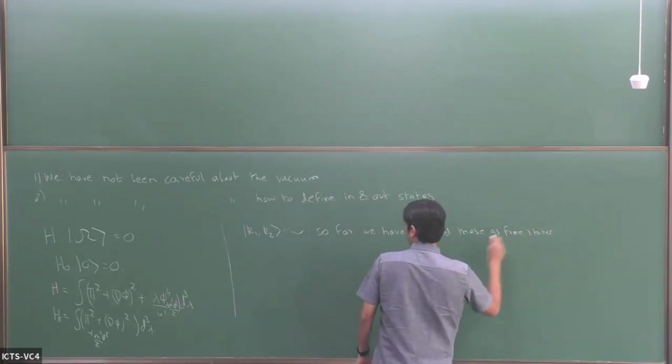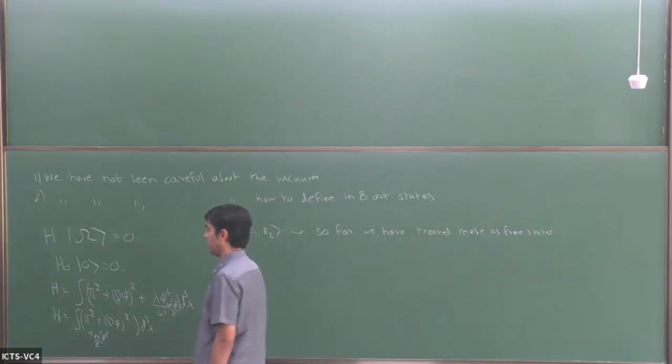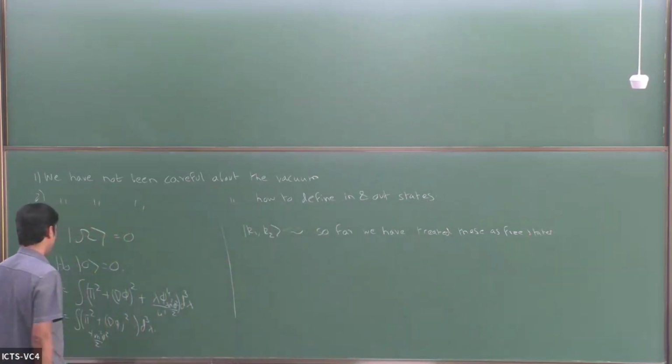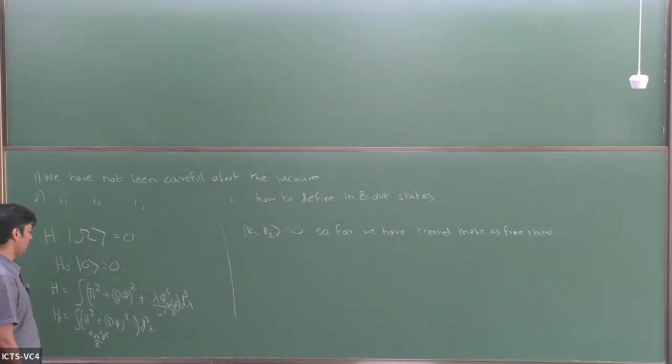But we know that doesn't make sense, because these free states, after all, are states which are created by acting on this vacuum with the free field, right? And we know that that can't quite be the correct way to think about these states, and we have to think about these states more systematically, and so we need to fix this as well.